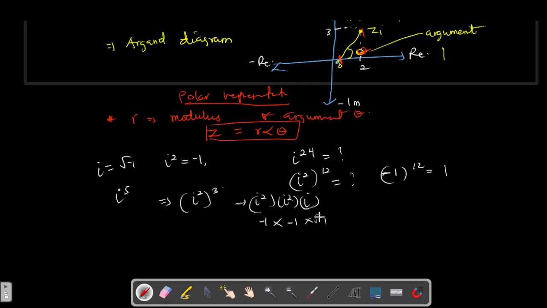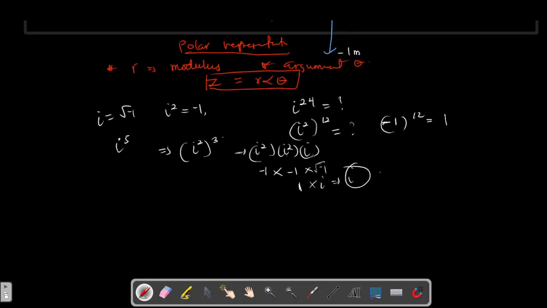So -1 times -1 is 1, times i. So the answer is i. So i to the power 5 is the same as i. Take note of it. These are some petty computations, and we'll be solving more problems as the course moves forward. Don't miss any part of our lessons.